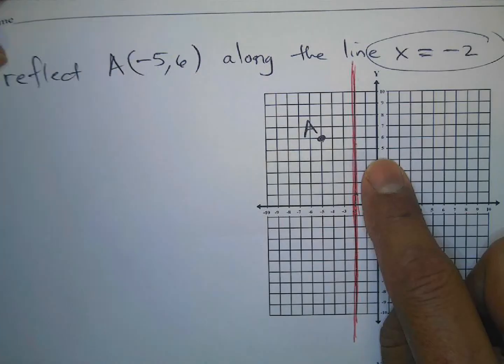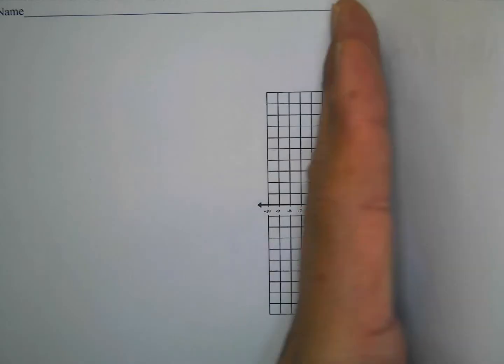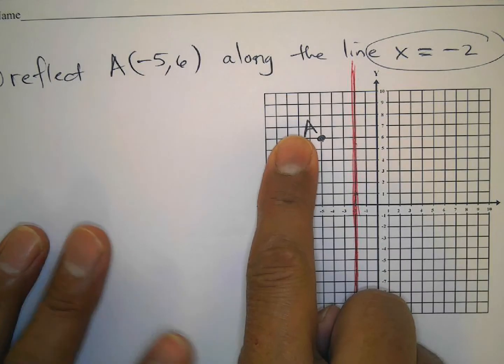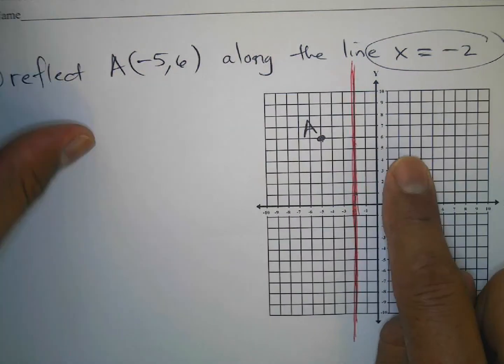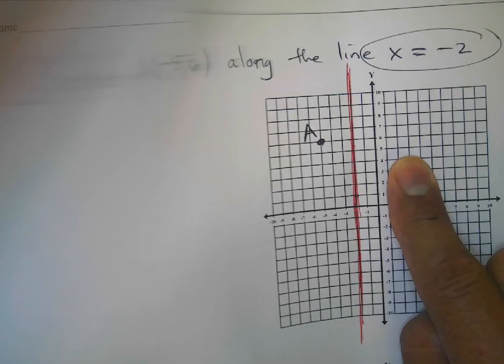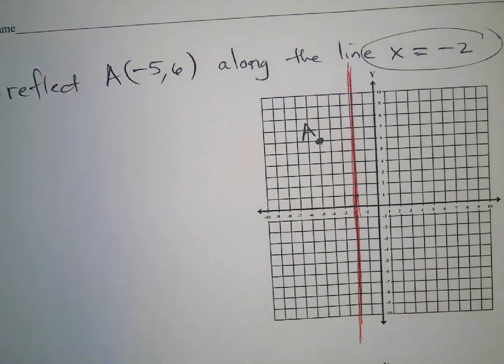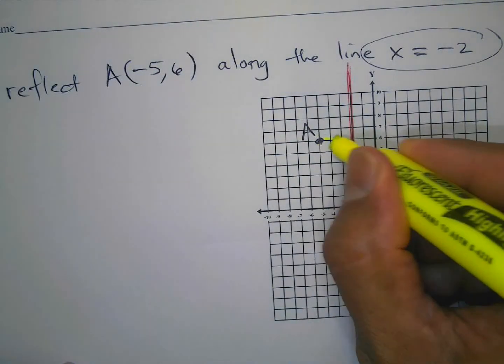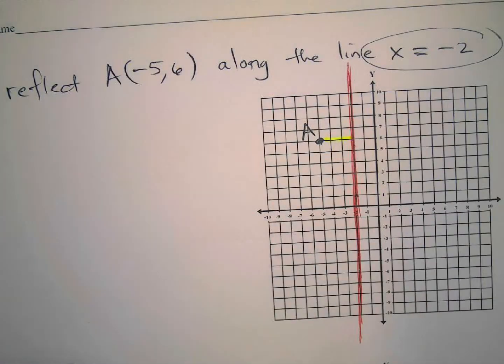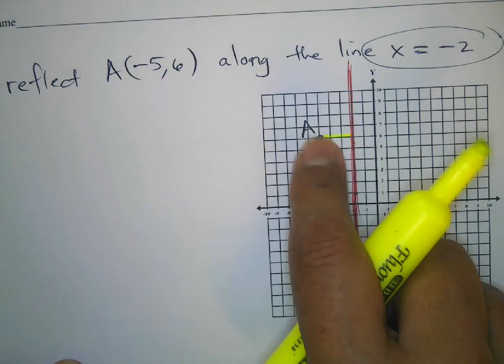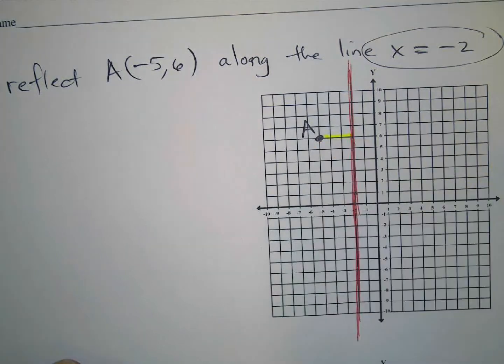So it's kind of like, again, like we saw in the previous assignment, this is where you're going to fold it over, right? If it's on this side of the line of reflection, it's going to reflect on the opposite side. So it's like folding it over. But what did we learn to do? Well, just count. How many spaces or units, what's the distance from there to that line? Well, it's 3.